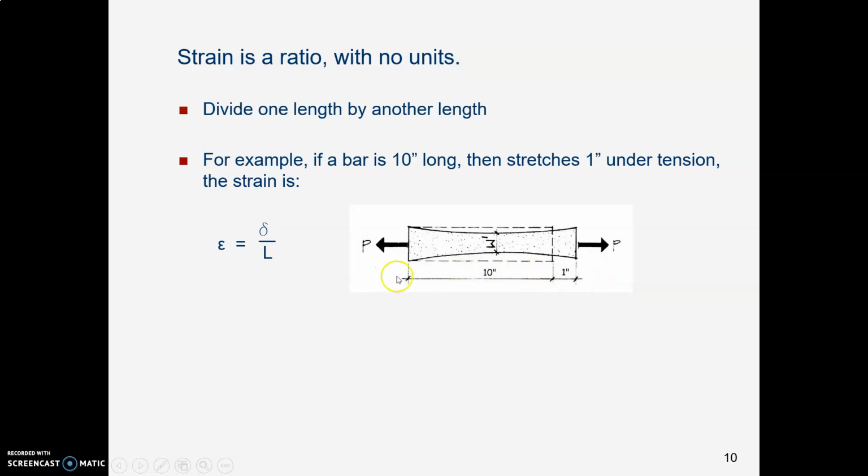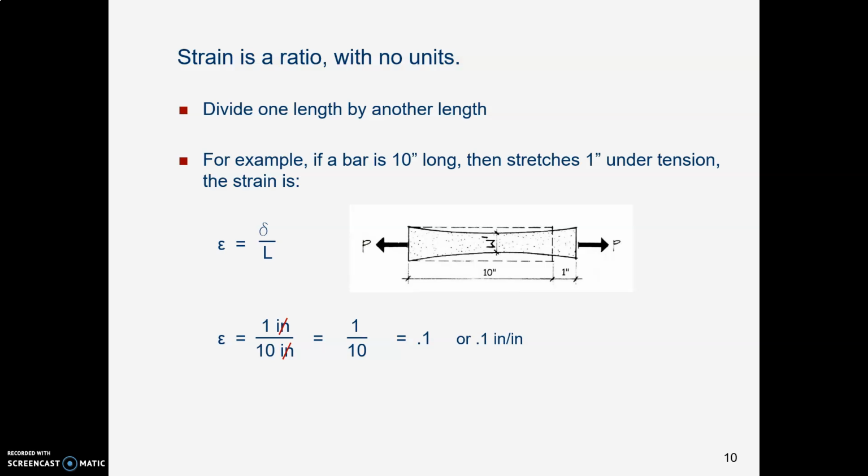And yes, I know, L prime, the new length, is now 11 inches, but we're not thinking about that right now. We're just thinking about deformation divided by original length. That's the amount of strain. So 1 inch, deformation, divided by 10 inches, original length, the inches cancel out. And we are left with plain old 1/10.